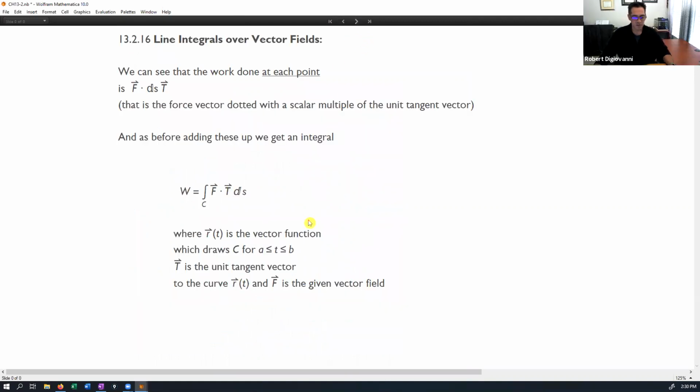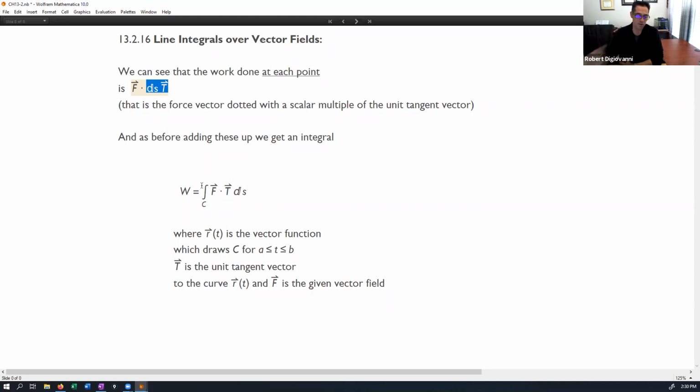So here's not the final result, but the big picture. The work done at each point is F dotted with ds times the unit tangent vector, some scalar multiple of the tangent vector. And as before, adding these up, if we were to add infinitely many of these, the total work is the line integral of F dot T ds.